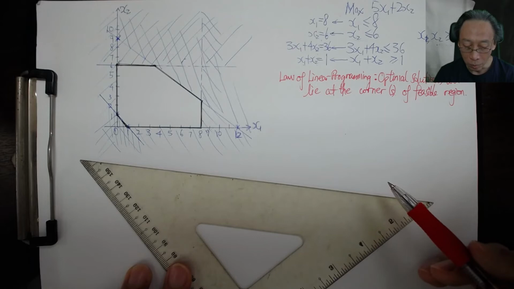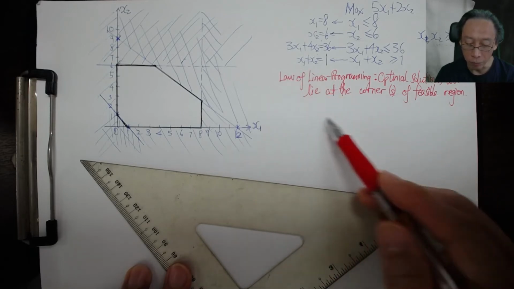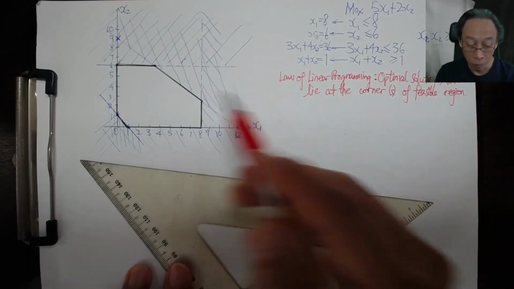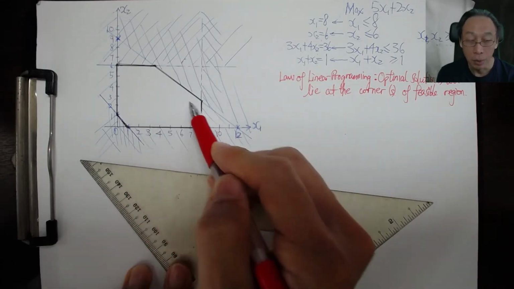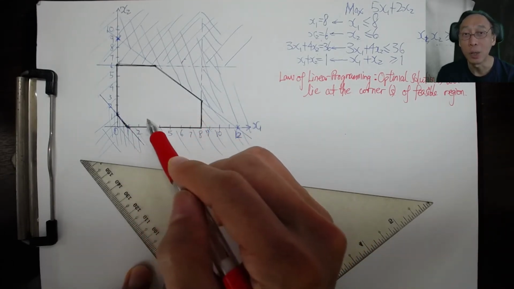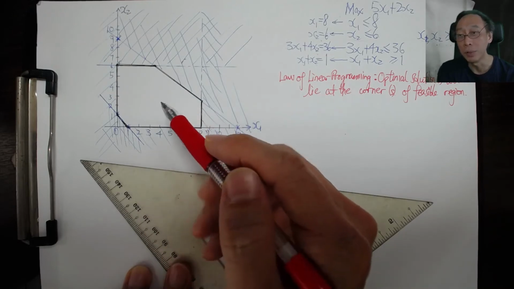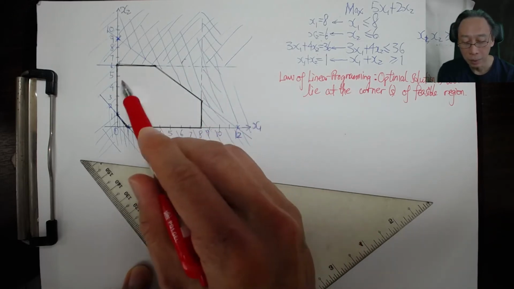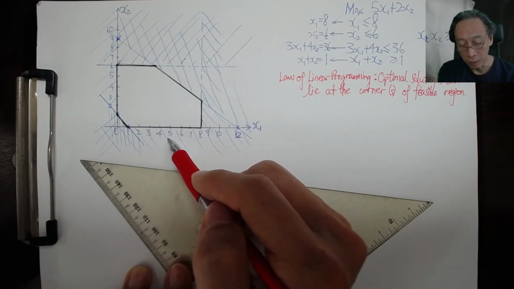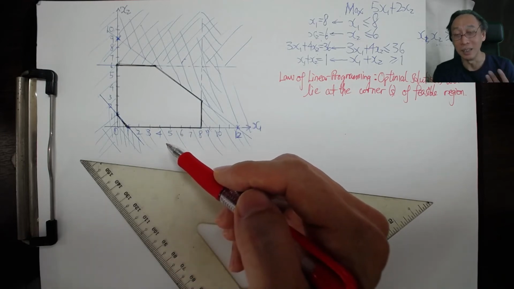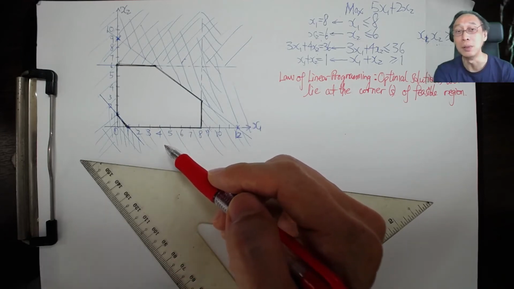Well, now, if we don't use the law of linear programming, then what do we have? We have to explore each and every interior point, right? And evaluate them. And even if you're using a computer, how many points are there? Well, that's infinitely many of them. There are many decimal places in presenting themselves as possible solutions.